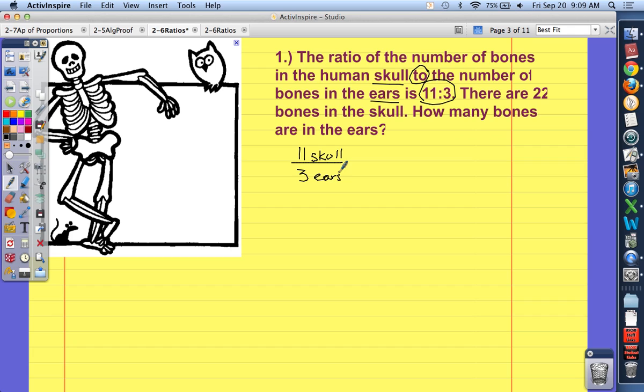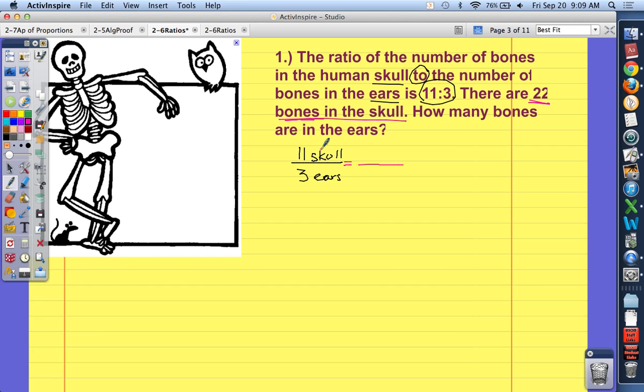So when you do this problem, you have a ratio, and we have another quantity, and we want to find out how many bones are in the ears. So this ratio is going to equal another ratio. That's a proportion, guys. Fill in what you know then. It's important when you set up a proportion to keep symmetry in the proportion.